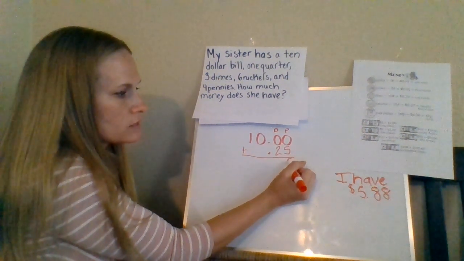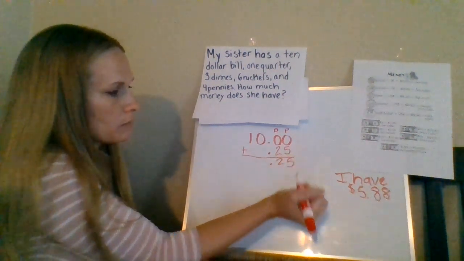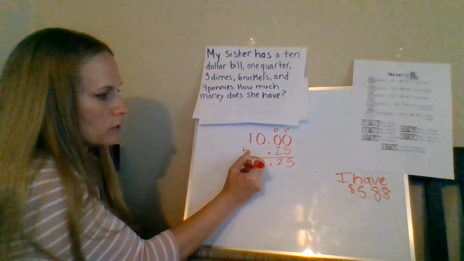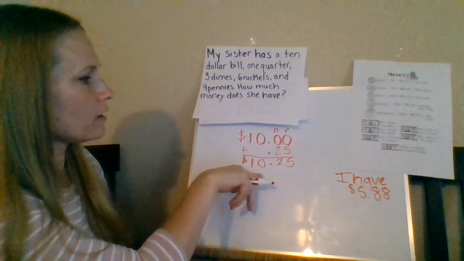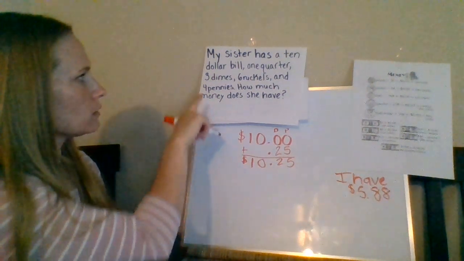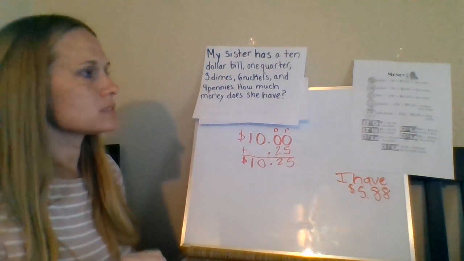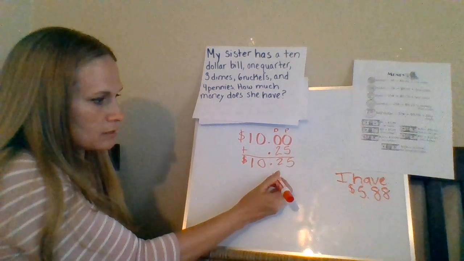0 plus 5 is 5. 0 plus 2 is 2. Bring down my decimal. Bring down my 0 and my 1. So I have $10.25 so far. Now it says 3 dimes. Dimes are 10 cents. If I have 3 tens, that would be 30 cents.